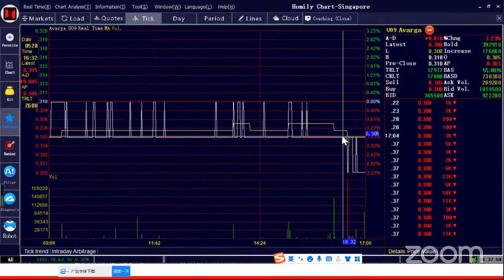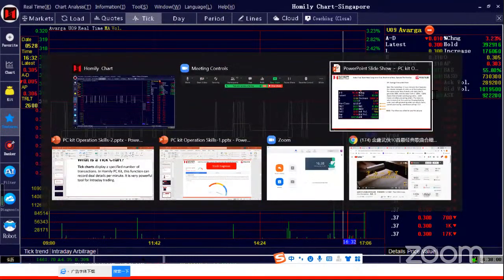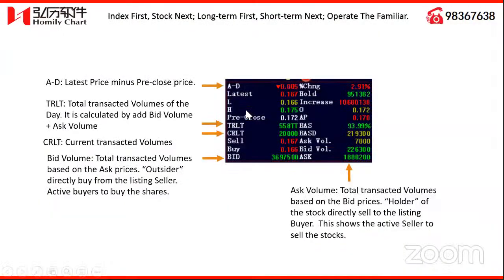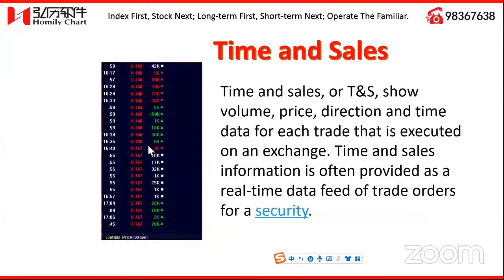Earlier, there was white volume, green and red volume under time and sales. Okay, here the white column. This is not volume, it is time. The left column is the transacted time. Oh, you mean the white color here?